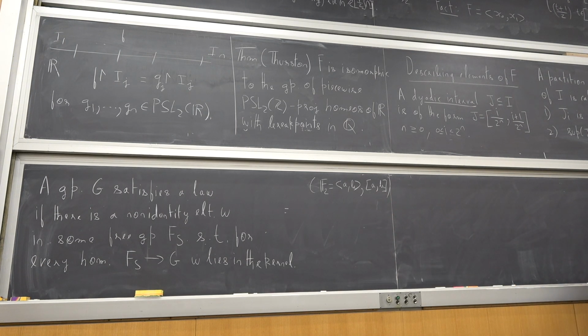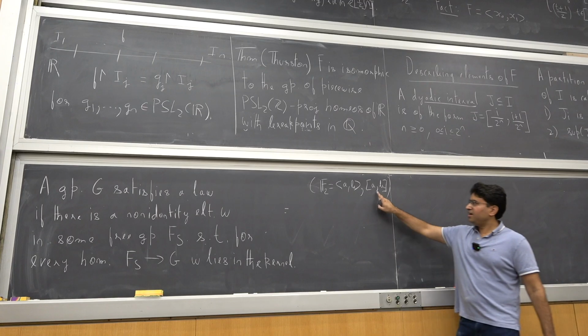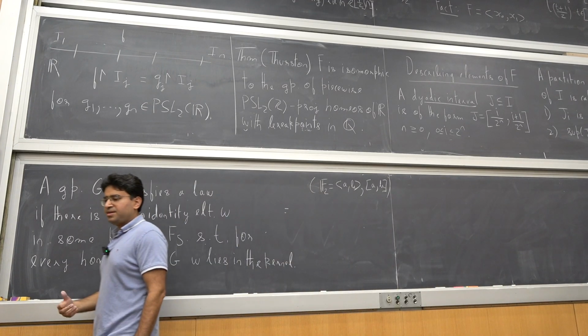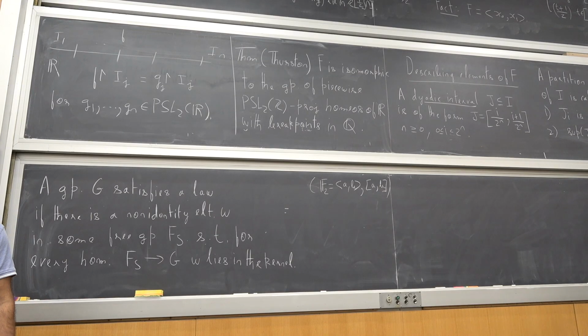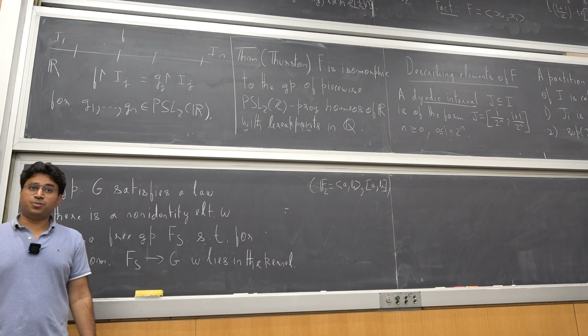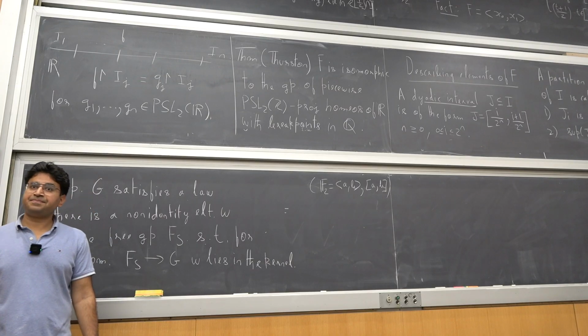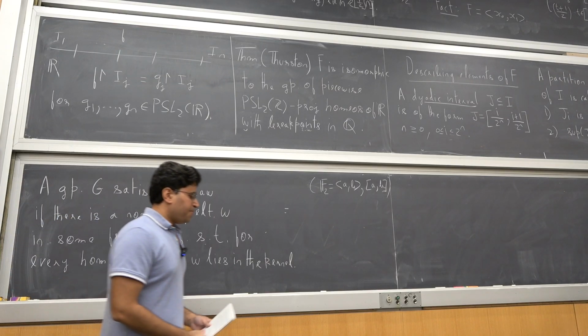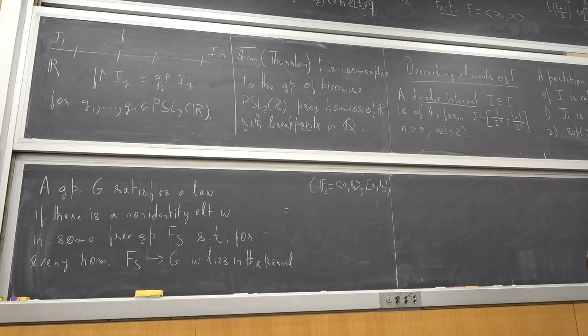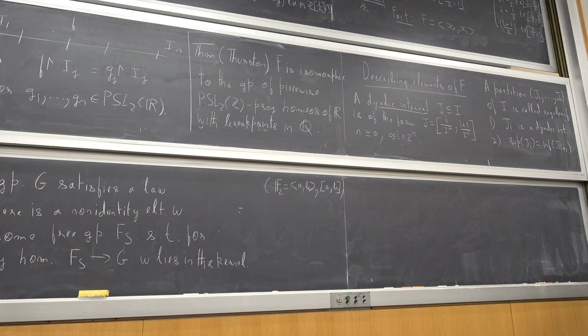And so abelian groups satisfy this law. And if a group satisfies a law, then it cannot contain a non-abelian free subgroup, right? Contrapositively, if a group contains a non-abelian free subgroup, it does not satisfy a law.